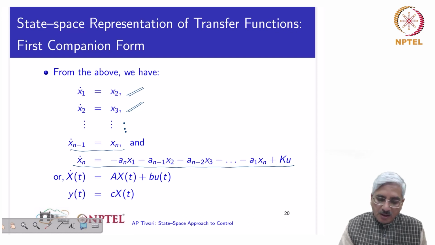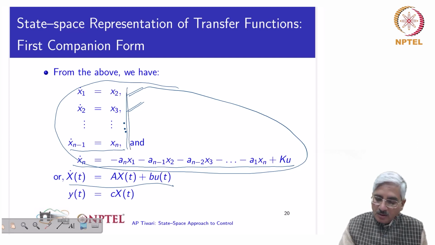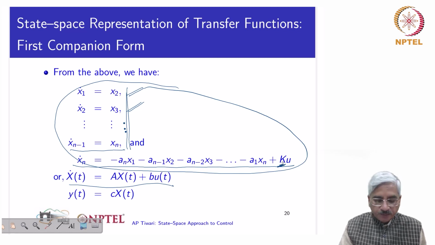That means we obtained, on the basis of this, x dot equal to Ax plus Bu, where x is x1, x2, etc. up to xn, and A will be the coefficients generated on the basis of this. B is such that nowhere does the input term appear, so it will mostly contain 0. However, the last equation has a k, so that k will appear in B.